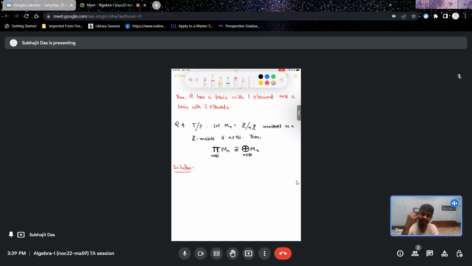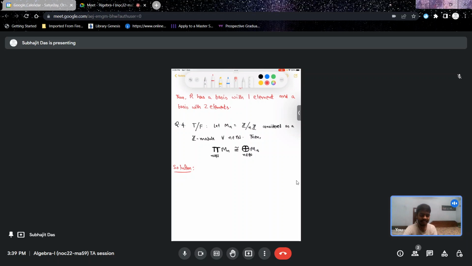And what about the direct sum? The direct sum of all these Mn's will be a submodule of the direct product, where you take sequences where the nth component is in Mn, but with the added restriction that every sequence will have only finitely many non-zero elements.